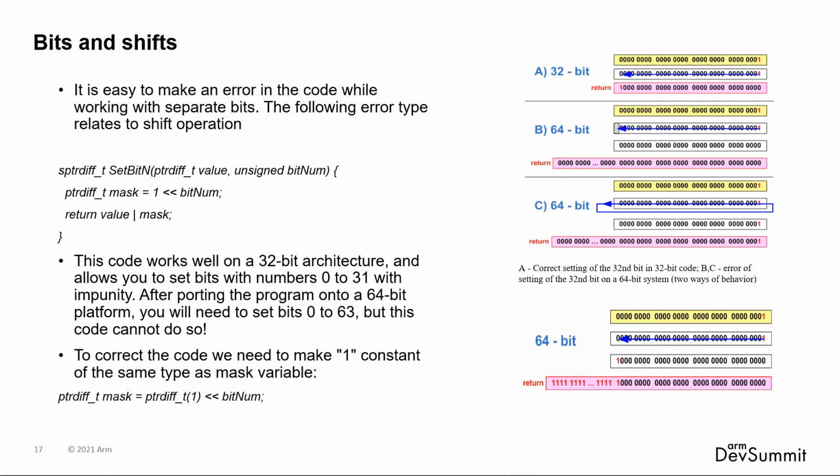So we can do this by having a cast of ptrdiff_t of the 1 shifted by the bit number. Also note that the incorrect code leads to one more error. When setting 31 bits on a 64-bit system, the result of the function will be the value FFFFFFFF 80000000, where the upper bits are set to 1 to sign extend the value.